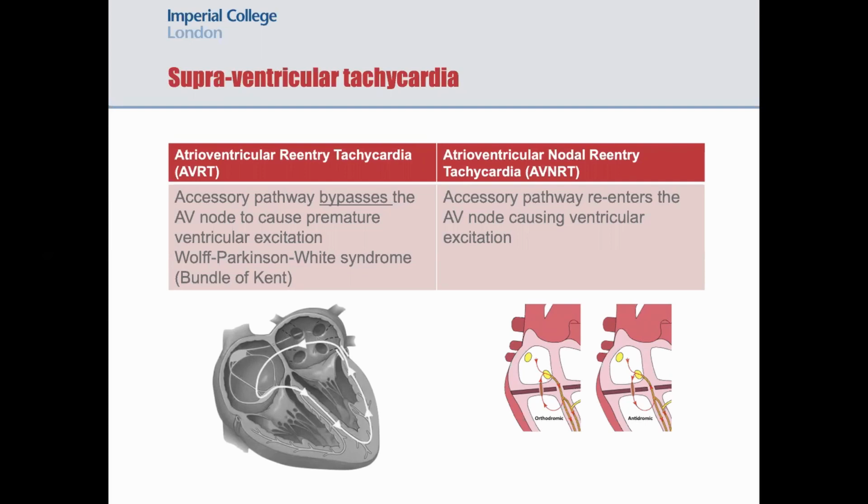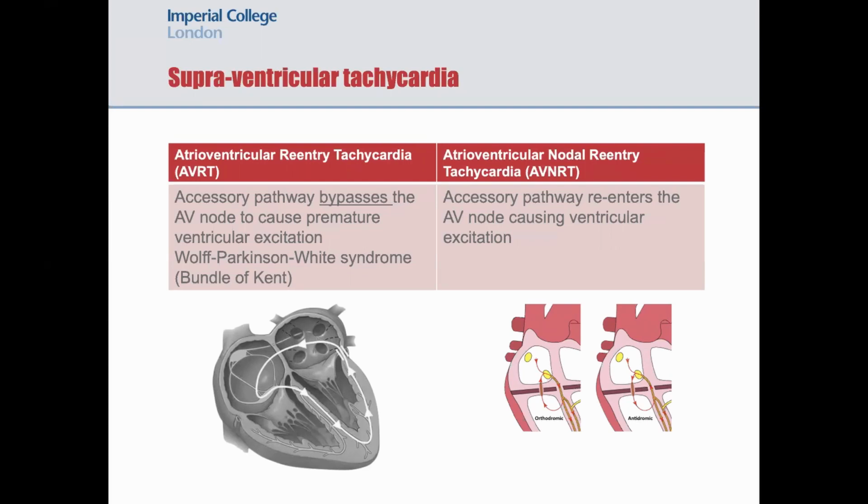So in contrast to AVRT, where the accessory pathway enters the atrium, in AVNRT, it enters the node itself to cause regular depolarization of the ventricles. And then the diagram just shows you can have either clockwise or anti-clockwise in terms of which way the electrical current goes.